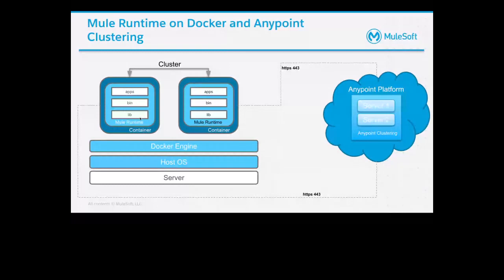And the runtime will be running within this container, and we'll be deploying the applications or the Mule app to each of these. We'll just deploy it to the cluster and automatically it will be reflected across both the containers. Now, if you look at this model, you have this control plane, right? So you have Anypoint platform.